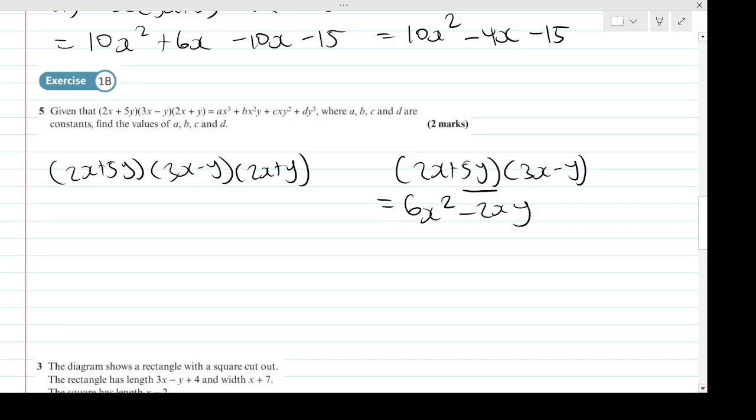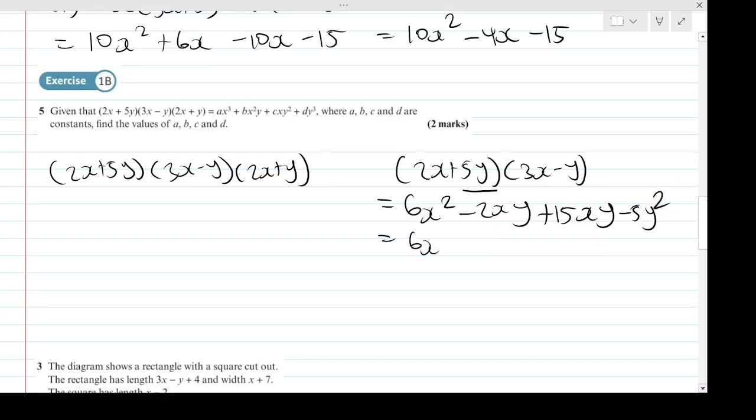Then I'm going to have a 5y times everything. So 5y times 3x is plus 15xy. 5 times 3 is 15, xy is xy. And then 5y times minus y is minus 5y squared. Okay, and we can simplify this actually because we have two different xy terms.